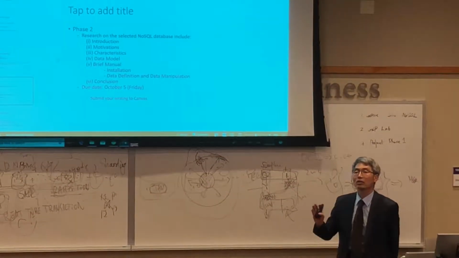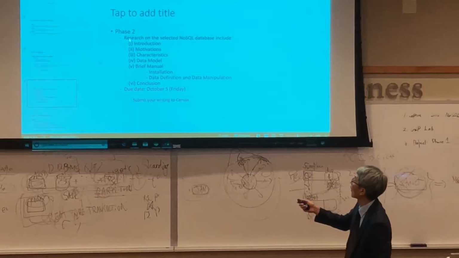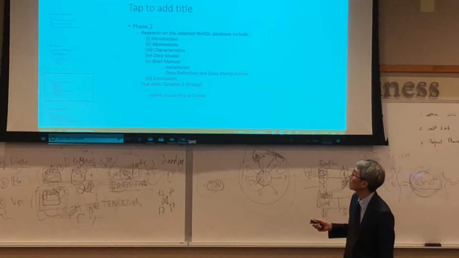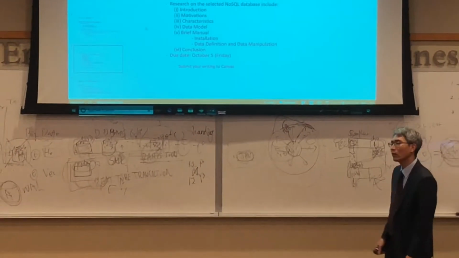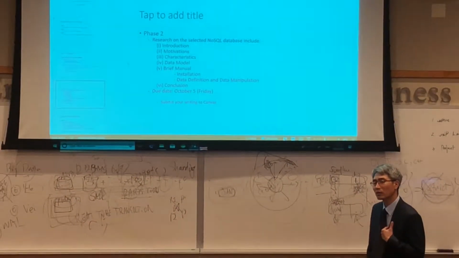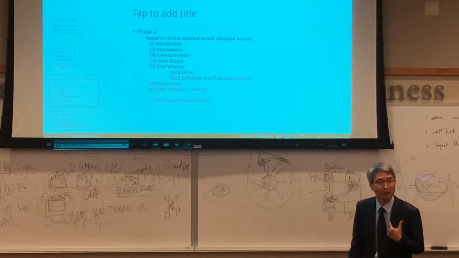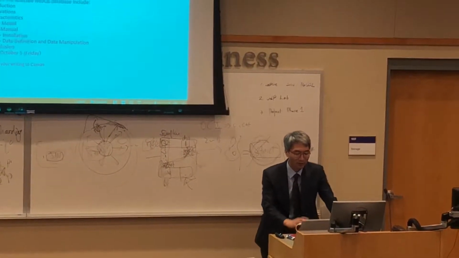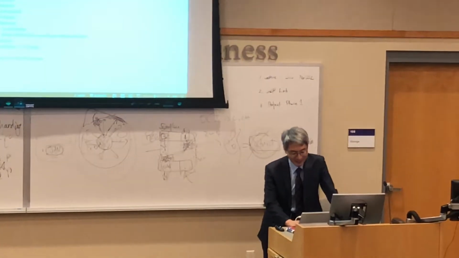Phase 2 is nothing but research on this kind of information. That will be October 5th. This is August. September. So we have 2 more weeks. Oh, right, this makes sense. I thought it was August.